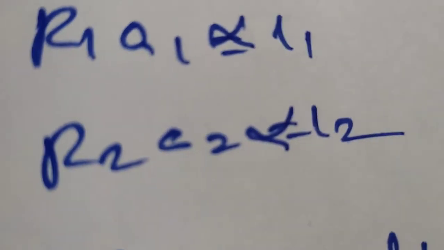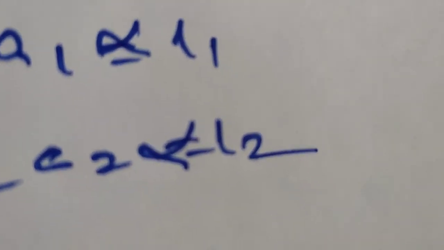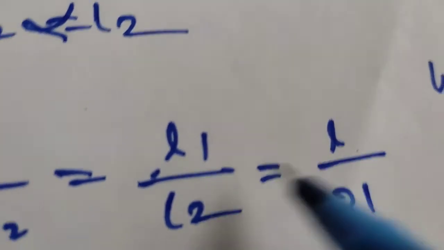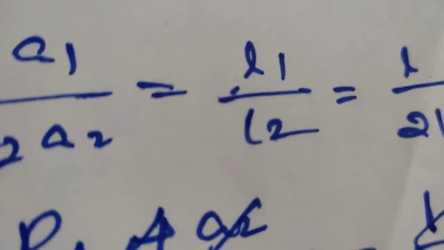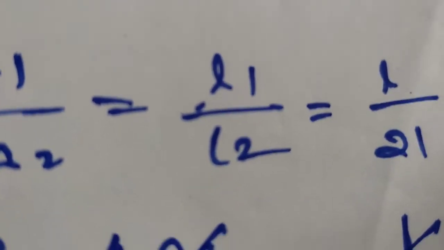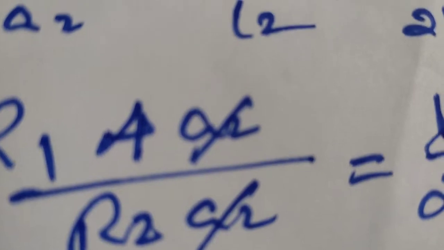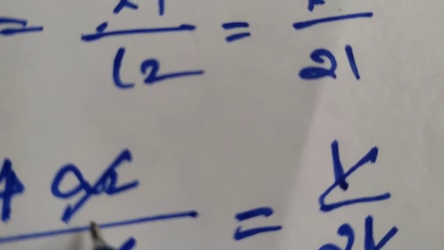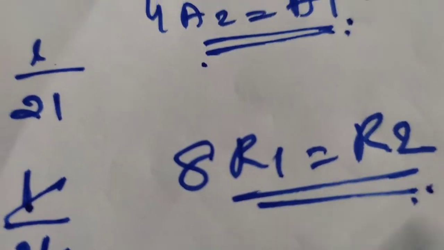Now R1 A1 by R2 A2 is equal to L1 by L2, that is L by 2L. A1 is 4A2, so 4A2 by R2 A2 is equal to L by 2L. That is 8 times R1 is R2.